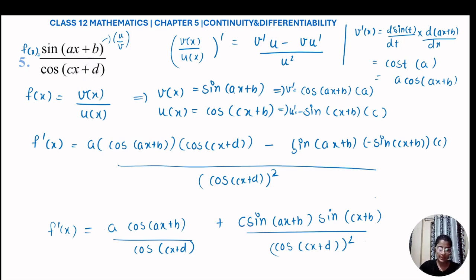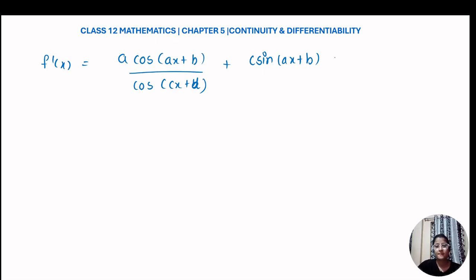This is nothing but tan. So this will be tan(cx plus d) divided by one more cos left, that is cos(cx plus d). So this is our f dash of x.